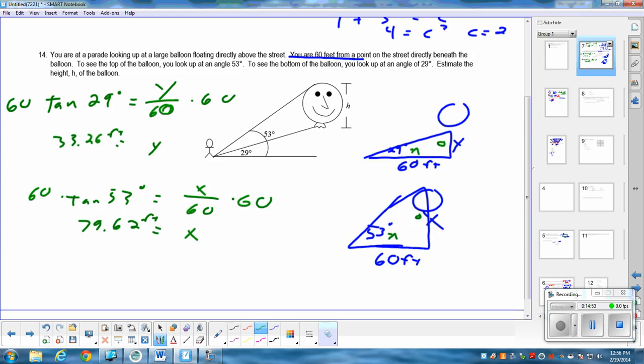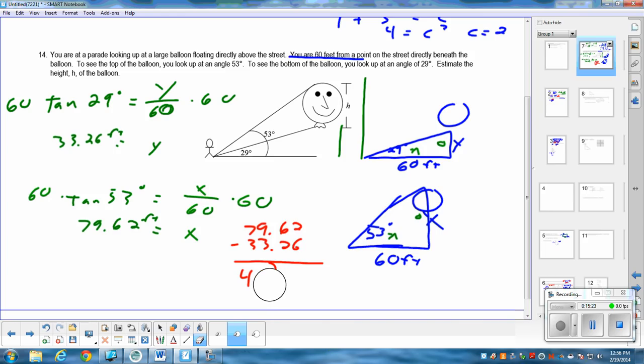The difference then, because that was y and this was x, subtracting the two will give you approximately 46.36 feet.